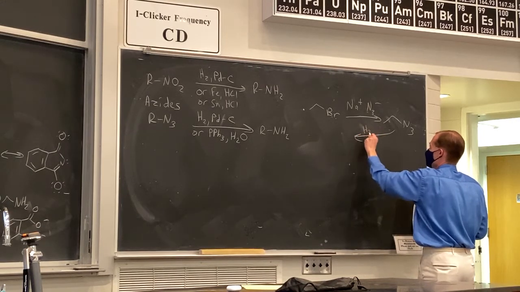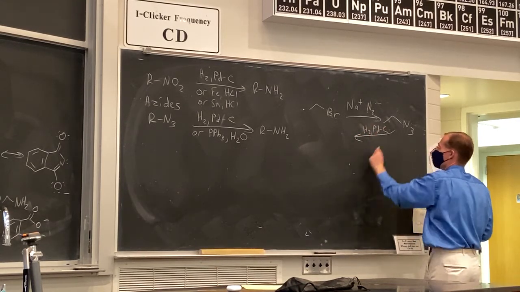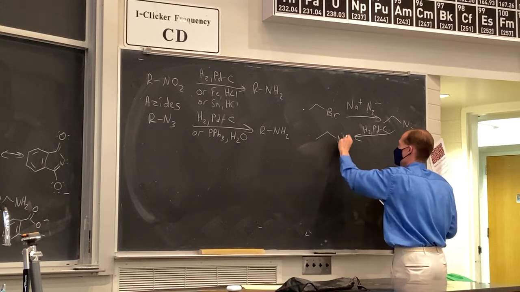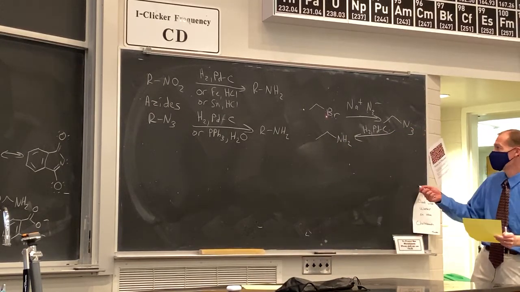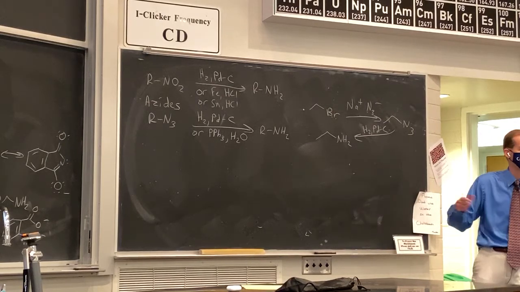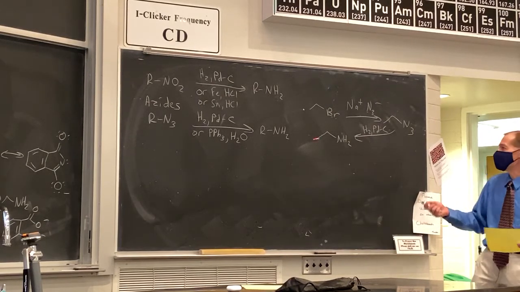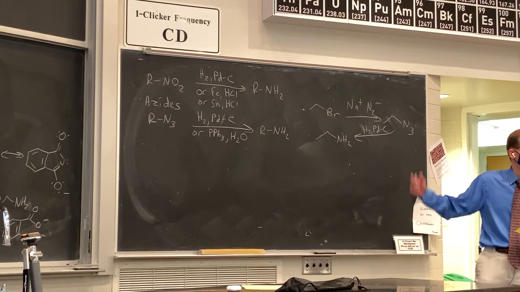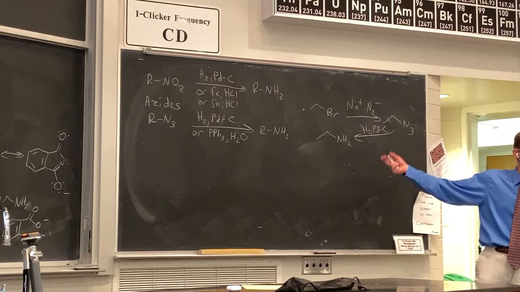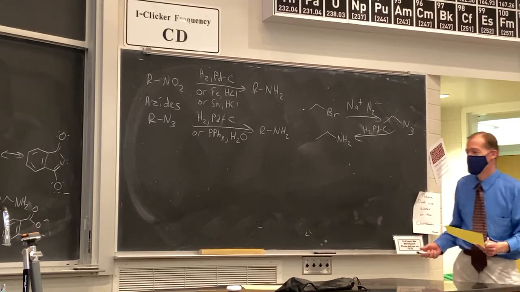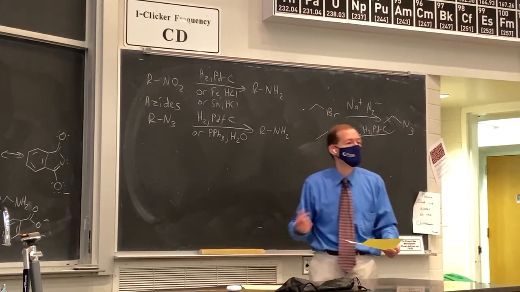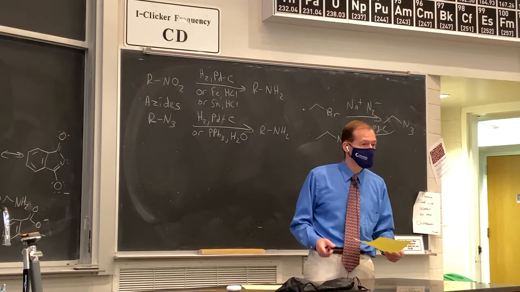And then if we reduce that alkyl azide, we're going to convert that into an amine. Okay? Same result as the Gabriel synthesis, primary alkyl halide converted to primary amine over 2 steps in this case. Okay? We've used this in my lab repeatedly as a method of making amines. So not in the book, but an important method for generating amines.